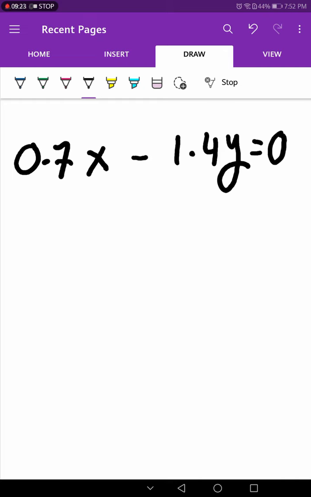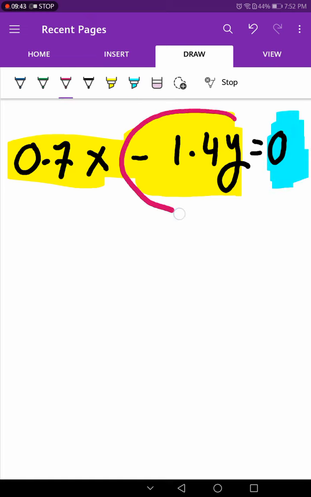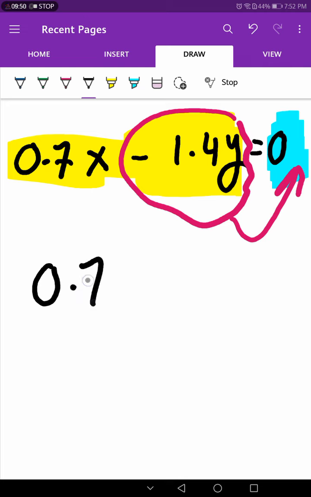The question in your head is how I can make the y alone and happy. Actually, you can move the y and its coefficient to the right side, because this is the left side and this is the right side. So it will be 0.7x equals 1.4y.